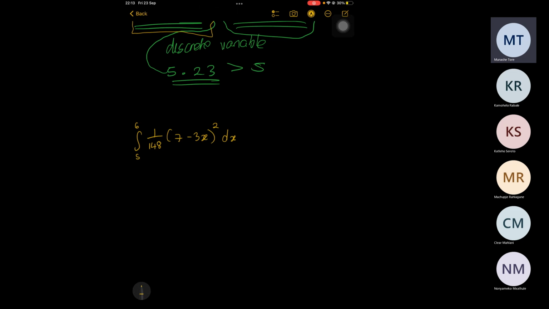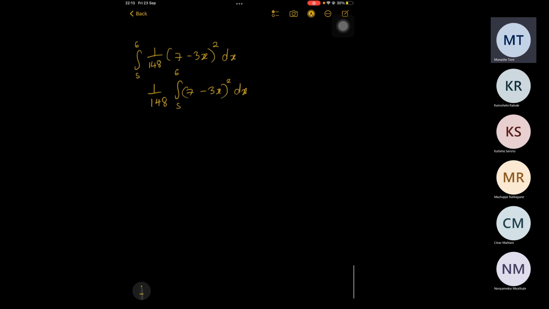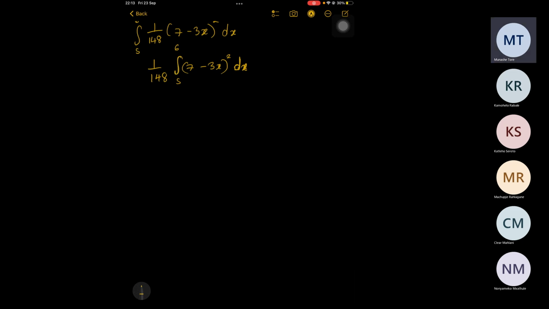When we're integrating, we factor out the constant, and use the integral from 5 to 6 of (7 minus 3x) squared dx. I'm sure a lot of you would have forgotten integration by now, and I really suggest that you revisit integration because you'll be integrating a lot from now onwards. Integration is going to be that pain thingy that you'll be dealing with.